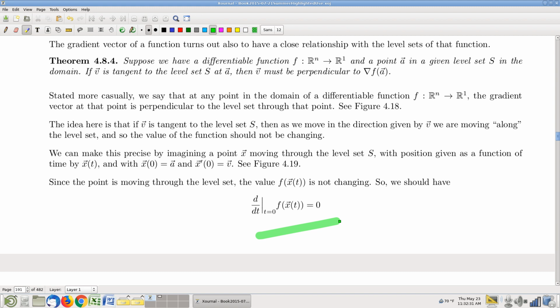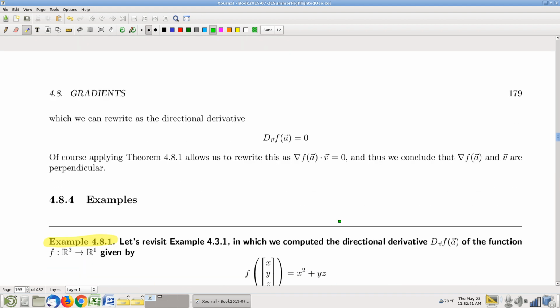Right? So when we say that this single variable derivative of this composition is 0, we're really saying that the directional derivative of f at A moving with velocity v is 0. Which I have written down here. And don't forget, we can compute directional derivatives as dot product with the gradient.